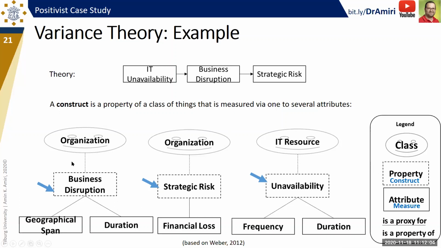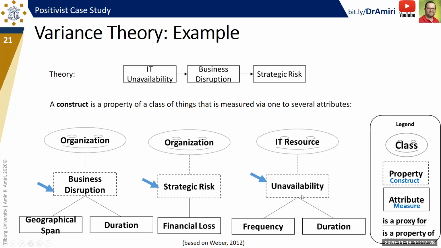We see here, this business disruption, it is a business disruption that occurs to an organization. And there are two ways to measure that: duration and geographical span of business disruption. How many locations are affected as a result of this IT unavailability.